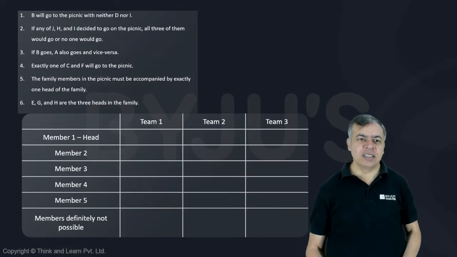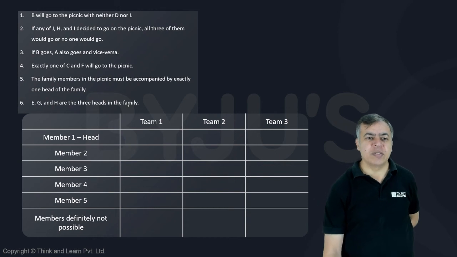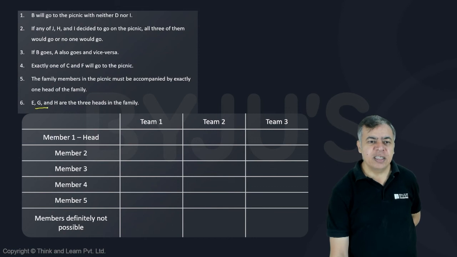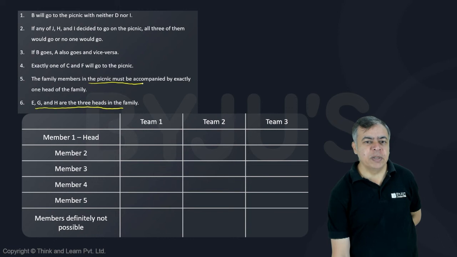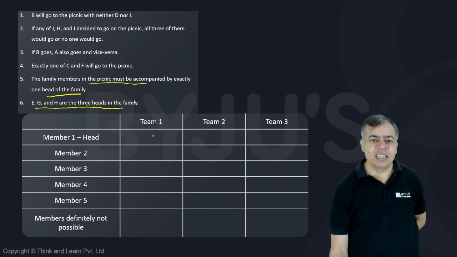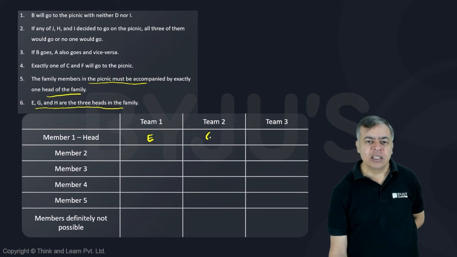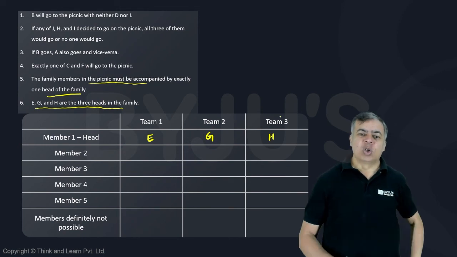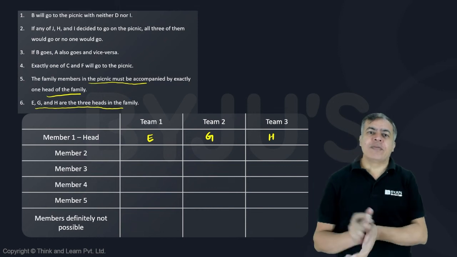Now we can easily see that B will go to the picnic with neither D nor I. We have something called head of the families here. Say A, E, G, H are the heads in the family. And the family member in the picnic must be accompanied by exactly one head of the family. So there are 3 cases. One, you can have head of the family as E, one you can have G, and one you can have H. So exactly one head of the family should be there.